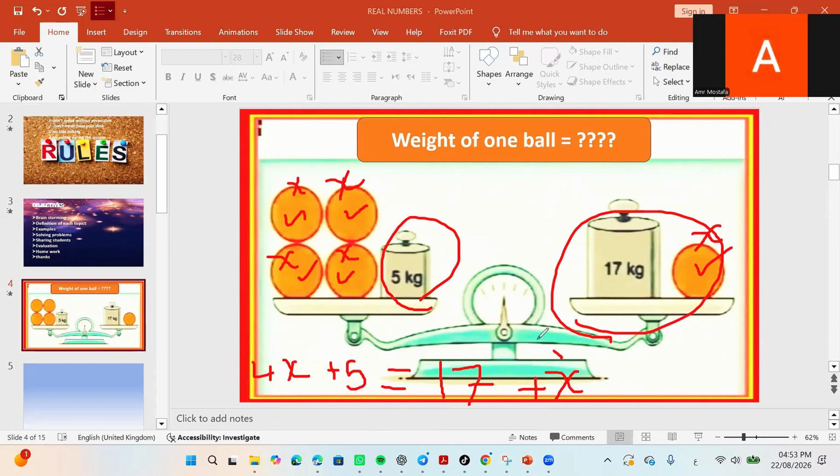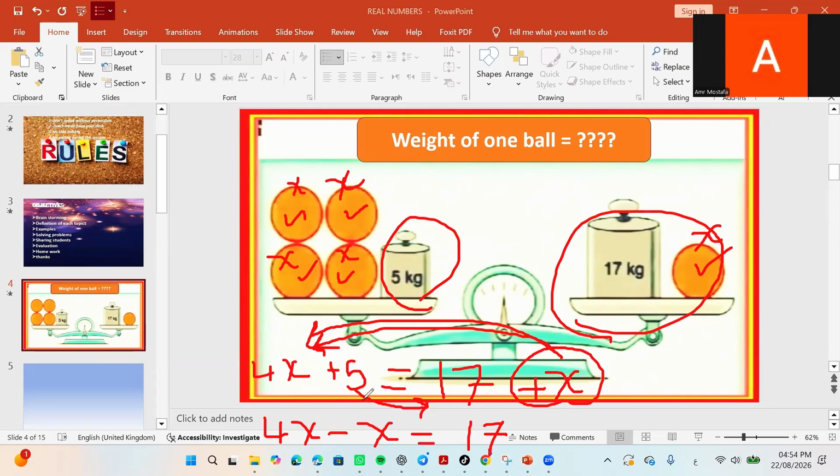We will move x to x and number to number to make a balance of the scale. So for x minus x, this x is positive, go to the other side with a negative sign, equal 17, and 5 will move to the other side with a negative sign.